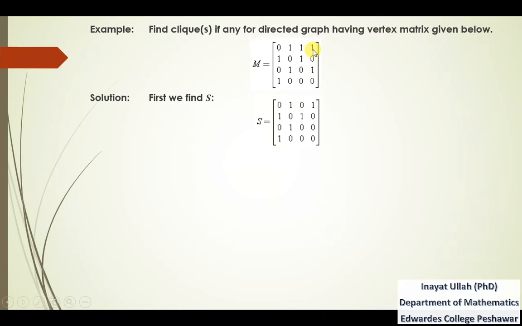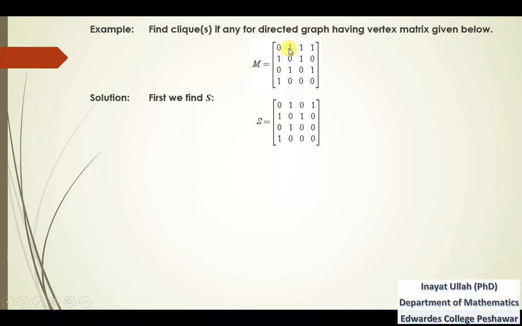Similarly, if you look at this one, it is in the first row and fourth column, so this is M14. Now try to search for M41, fourth row, first column.